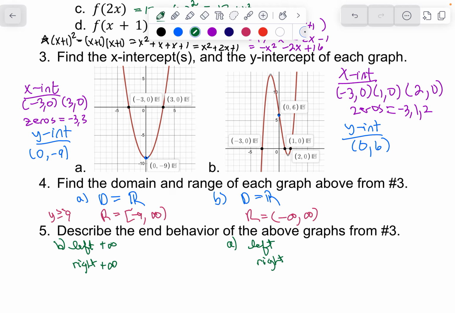I'm going to give it to you. If you tell me this left side's going down to negative infinity and the right side's going up to positive infinity, that's correct. I'm going to give it to you. But if you use the correct calculus notation, I'm going to give you a bonus.